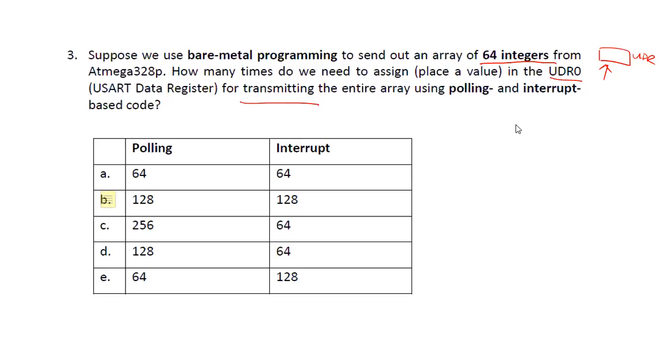Now we must remember from our studio that for our Arduino Uno or ATmega328P, when we say int integer, it is actually 16 bits. In order to send out 16 bits, I need to break it up into two separate writes to the UDR register. So for the 64 integers, it is equivalent to 128 bytes that I need to transmit out. That is why the answer here is B.